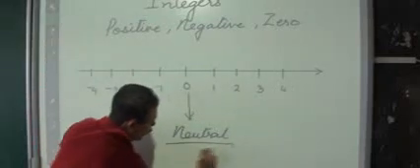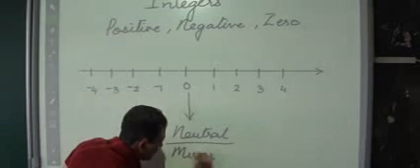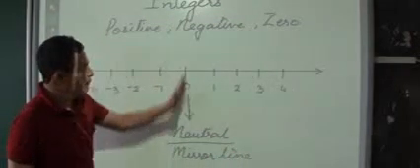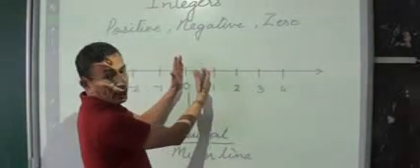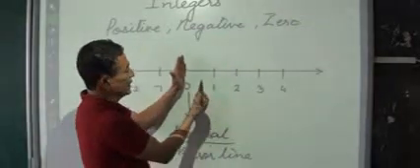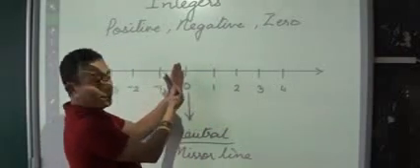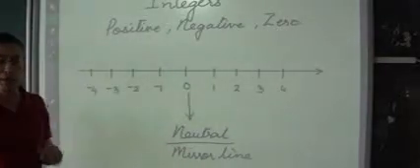0 is also called a mirror line. Now why do we call it a mirror line? If you place a mirror here and have a look at it from the other side, you will see that 1 comes first on the mirror, followed by 2, 3, 4, and so on. That's why we are calling it a mirror line.